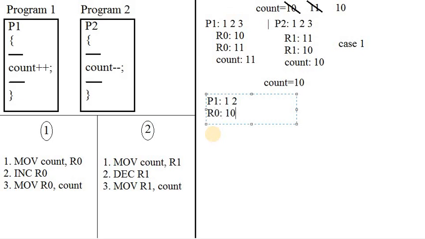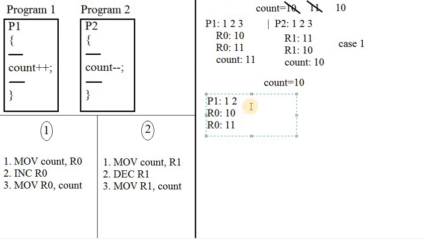Why? Because count value will be copied, moved to R0. Then R0 will be incremented by 1. Okay, so here we have executed only 1 and 2 instructions. That means one instruction is move count to R0, a second instruction is incrementing R0. So we are not updating R0 value to count. Why? Because we are not executing the third instruction, so there will be no update in the count variable value.